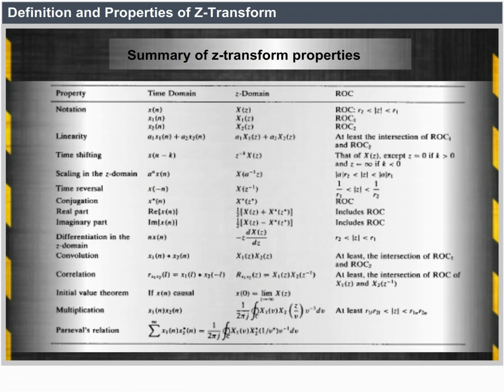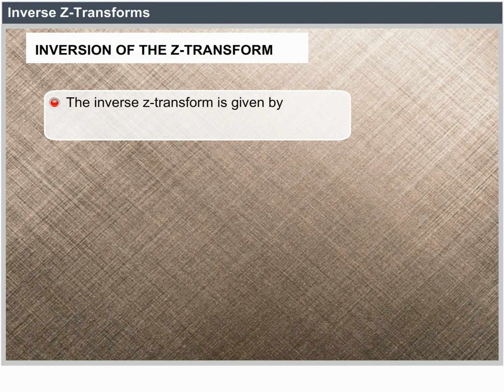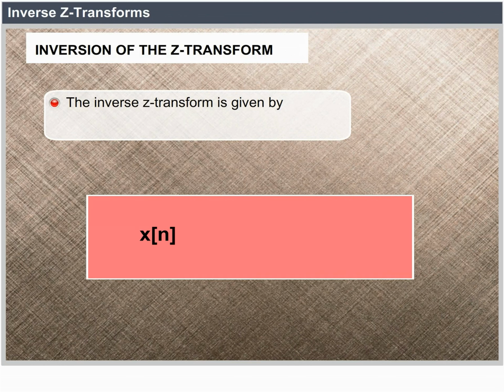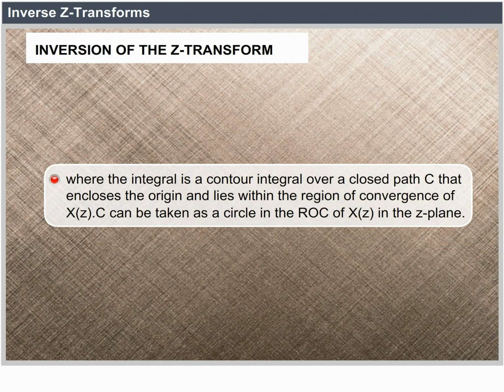Inversion of the Z transform. The inverse Z transform is given by x(n) equal to 1 divided by 2 pi j closed integral X(z) into z power n minus 1 into dz, where the integral is a contour integral over a closed path C that encloses the origin and lies within the region of convergence of X(z).